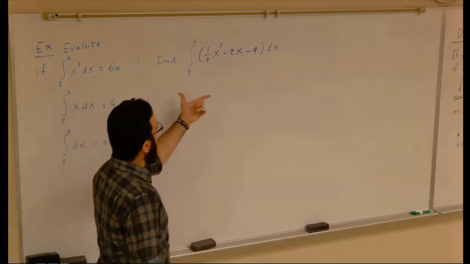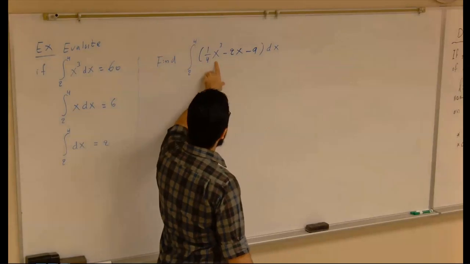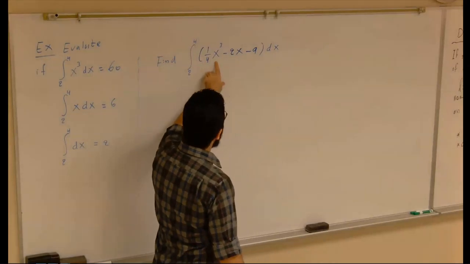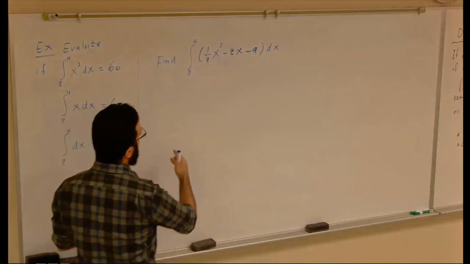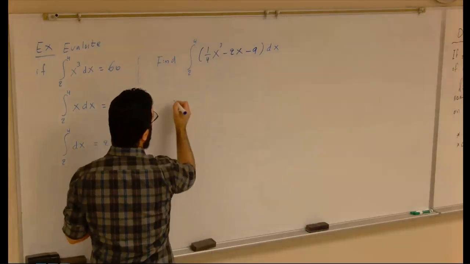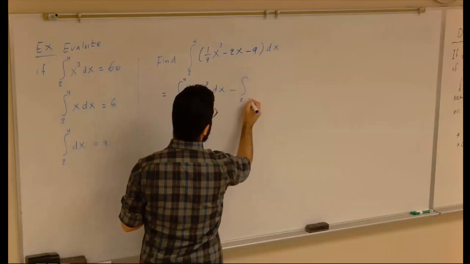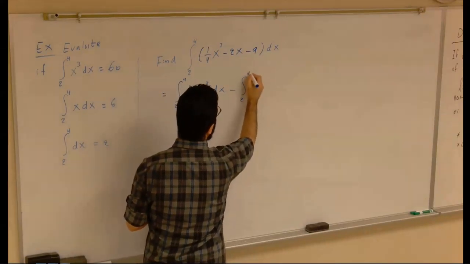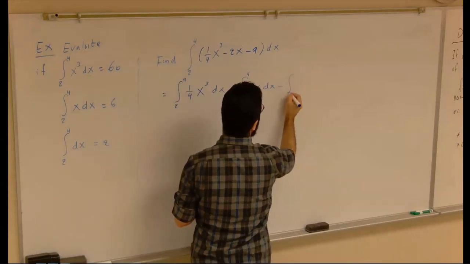Now we need to find the integral from 2 to 4 of 1/4 x cubed minus 2x minus 9. The first thing, I'm just going to use the rules of integrals. It's the integral for the first one, the integral for the second one, the integral for the third one. That means this is the integral from 2 to 4 of 1/4 x cubed dx minus the integral from 2 to 4 of 2x dx, and minus the integral from 2 to 4 of 9 dx.